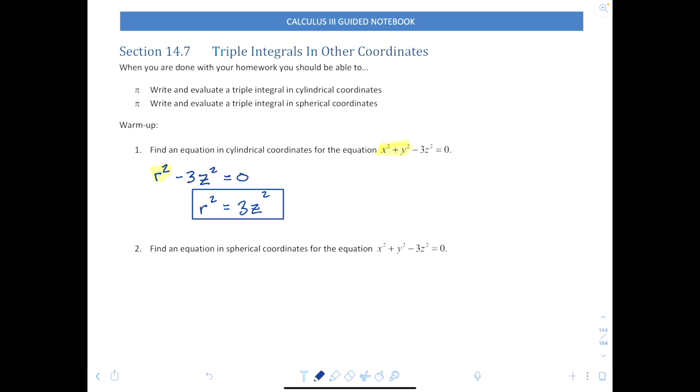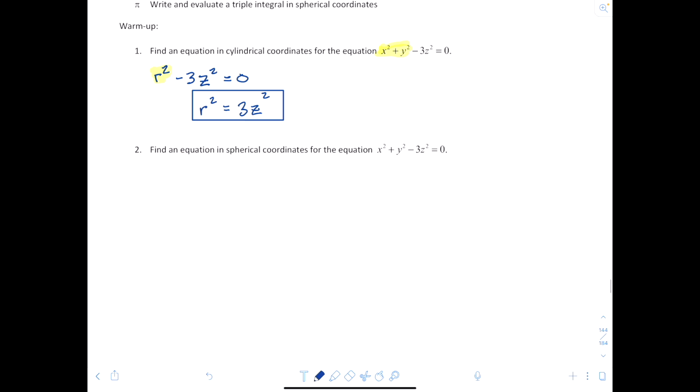Awesome. Okay, so number 2, find an equation in spherical coordinates for the equation x squared plus y squared minus 3z squared is equal to 0. So the same problem, right? So let's go ahead and just substitute in for x and y and z what they are in the spherical coordinates.